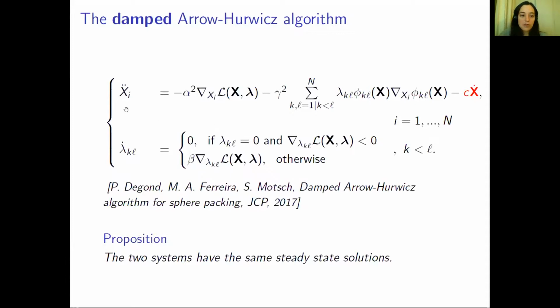So for that, we consider the second order formulation of the previous ODE system, and we added a damping term to damp out the oscillations. This was done in a way that we do not change the steady states, as I said.